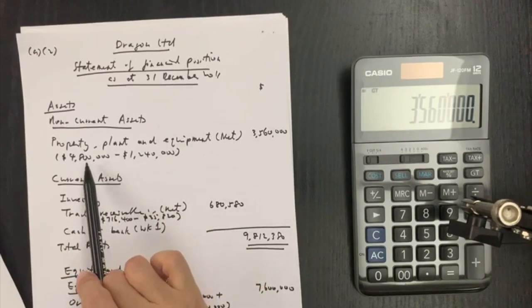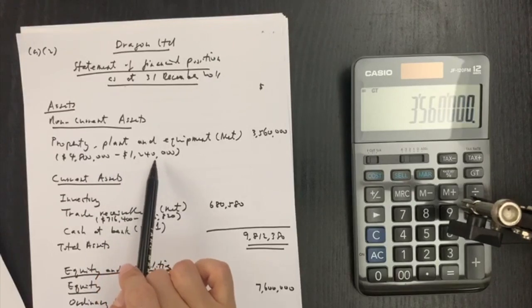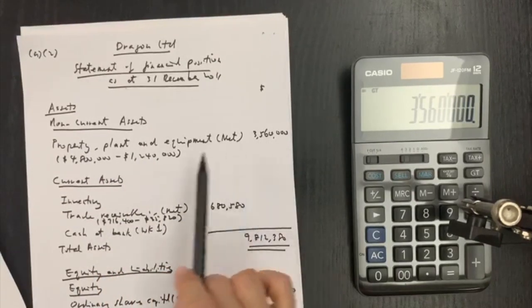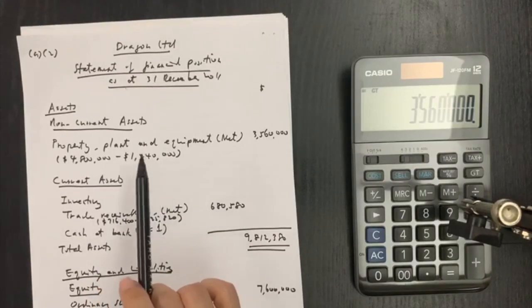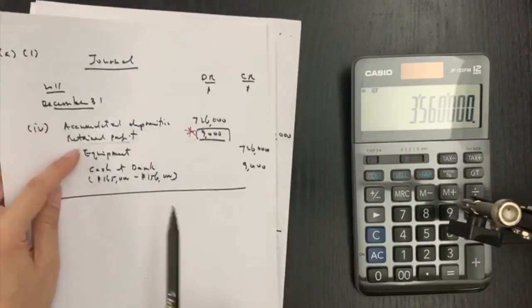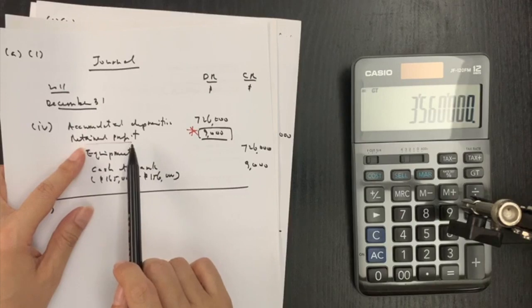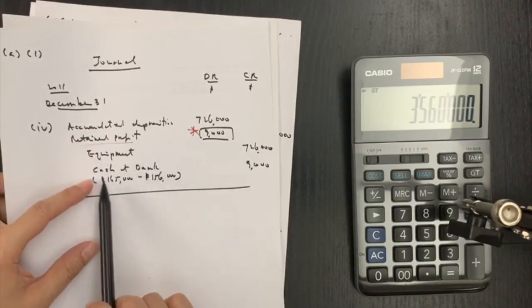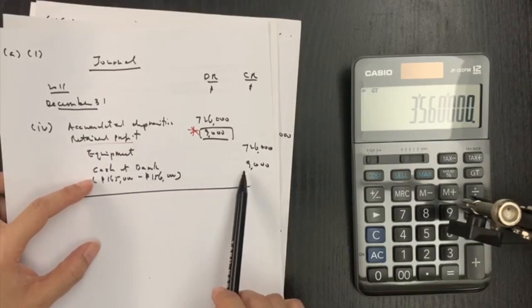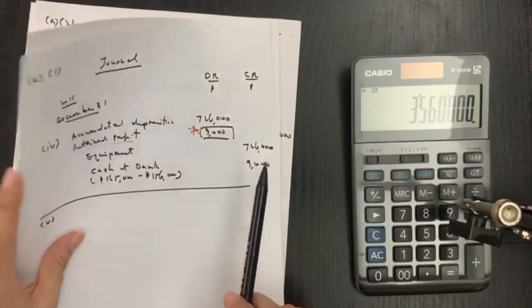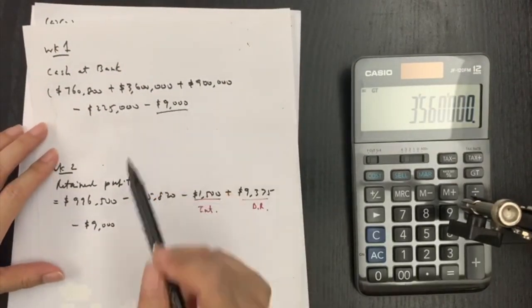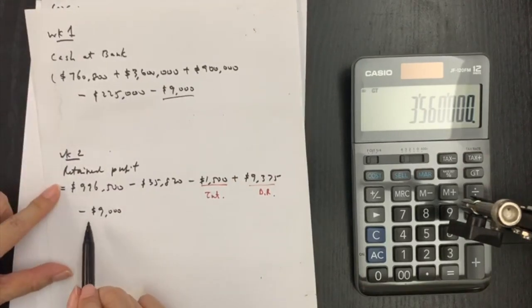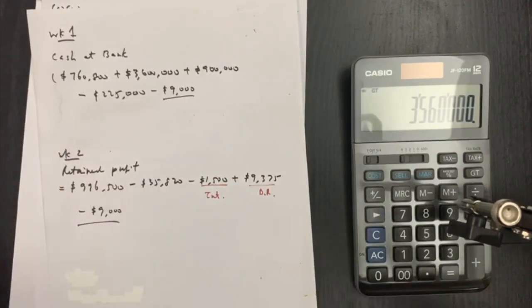We just put cost minus accumulated depreciation to get this figure, because fully depreciated actually has no effect on this. All right, and next, so in the retained profit, we need to minus 9,000, and then for cash at bank, since this is credit, we need to also minus 9,000. Okay, so in our workings, cash at bank we minus 9,000, and then retained profit we also minus 9,000.